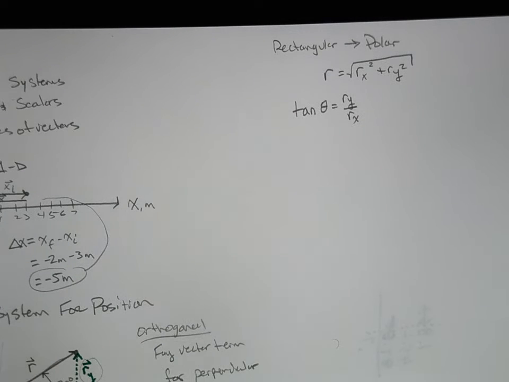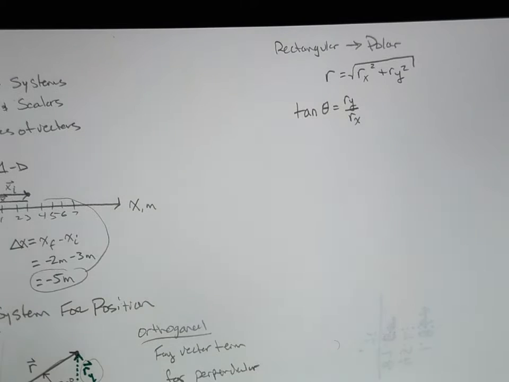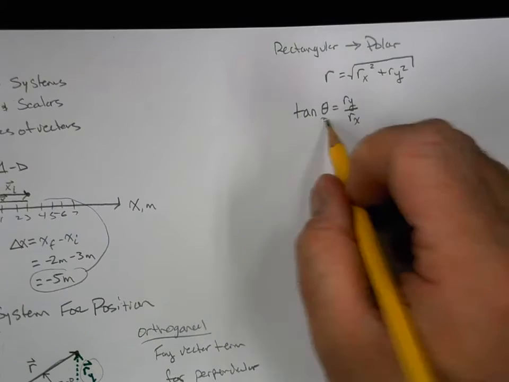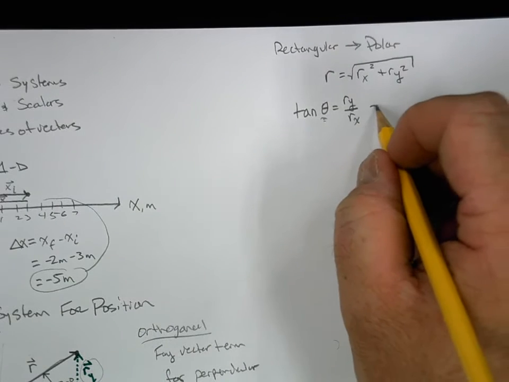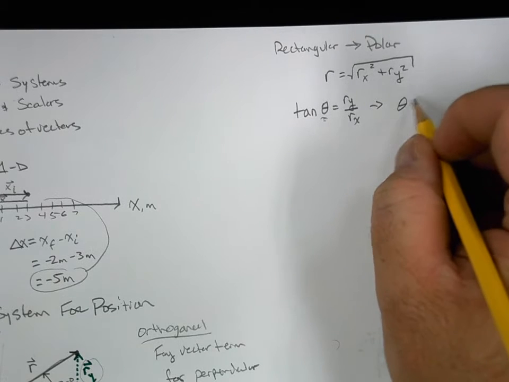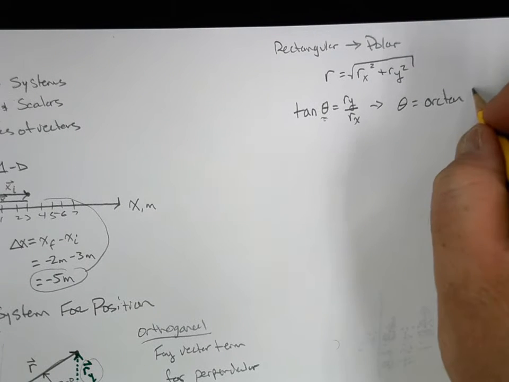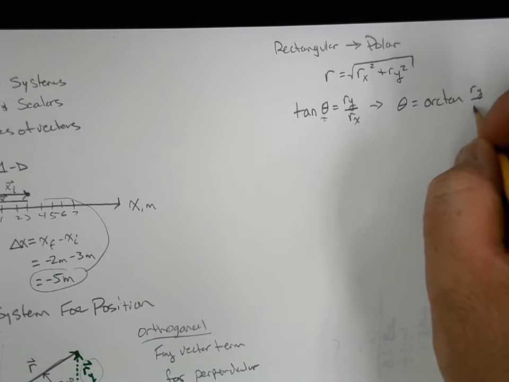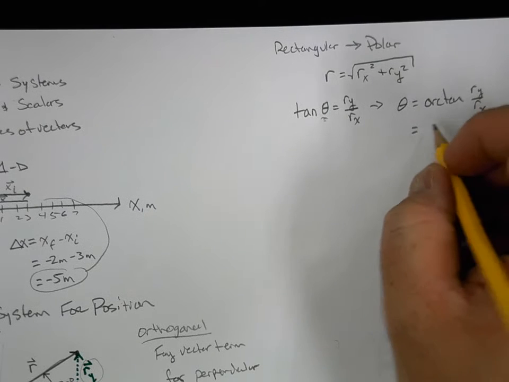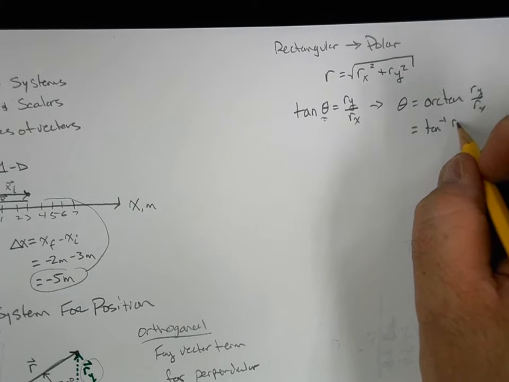What we will use, however, is ry over rx equals tan theta. If we solve for theta, because we want to find what this is for a polar coordinate, theta equals arctan of ry over rx, or inverse tangent of ry over rx.